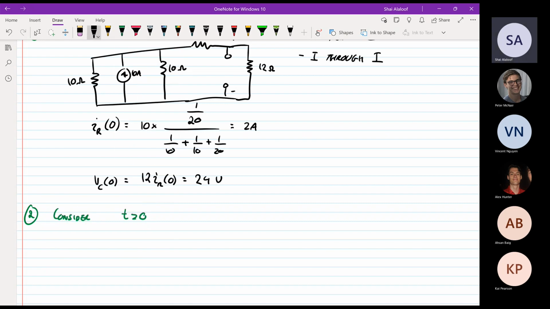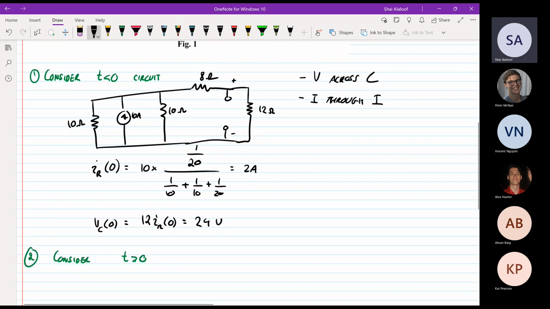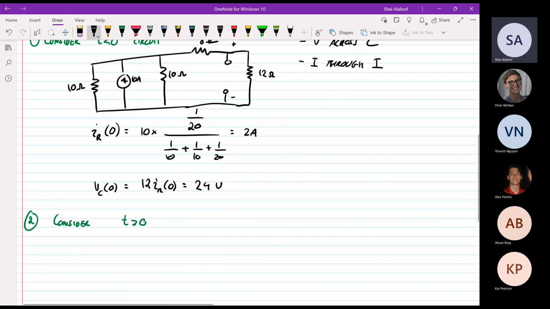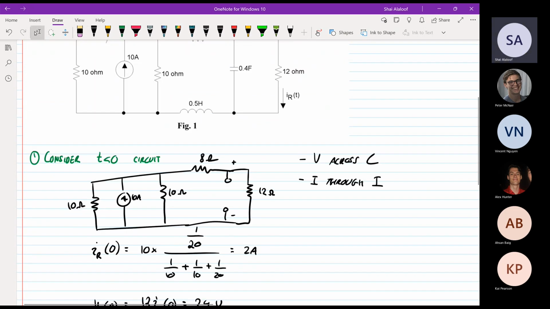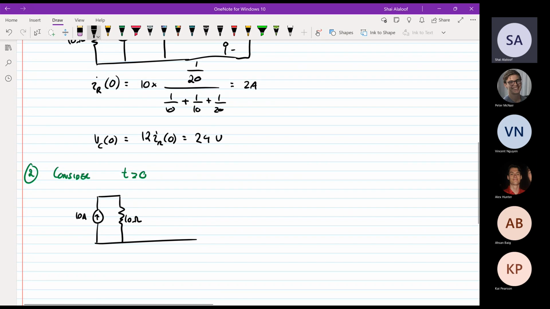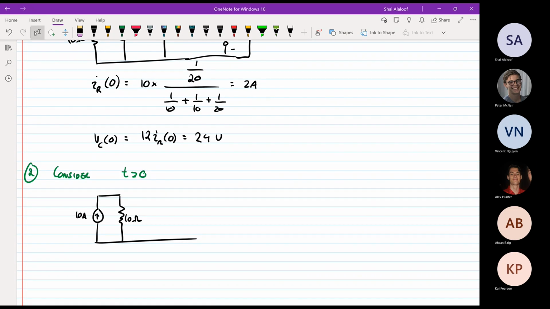Okay, and also I'm going to redraw the circuit because that very much helps. So the switch opens, so we're no longer going to have a 10 ohm resistor in parallel. We're going to have that 10 ohm there, and then a capacitor in parallel, and an inductor.